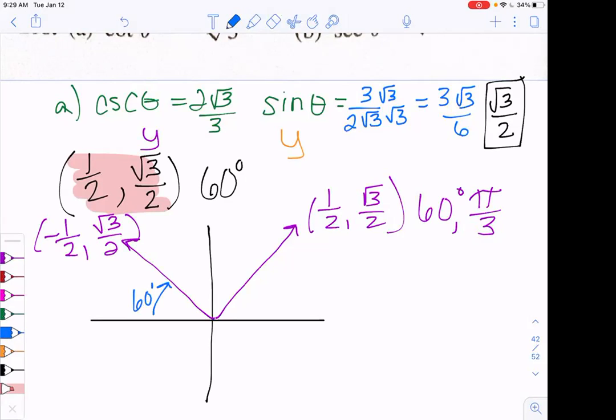I can use that reference angle to find the angle in the second quadrant. If I take 180 minus 60, I end up with 120 degrees. And then that's 2 pi over 3.